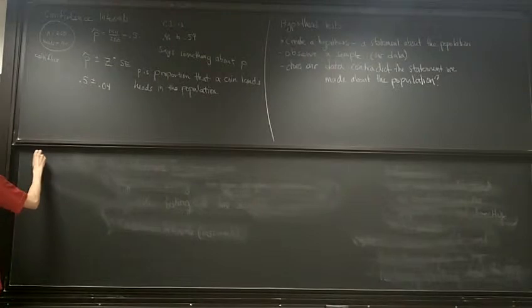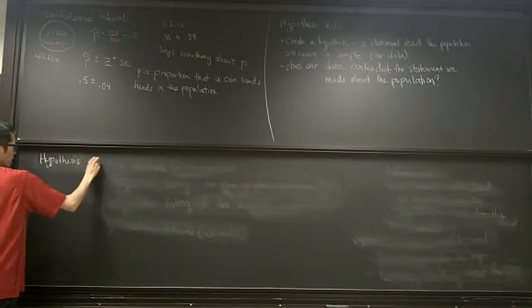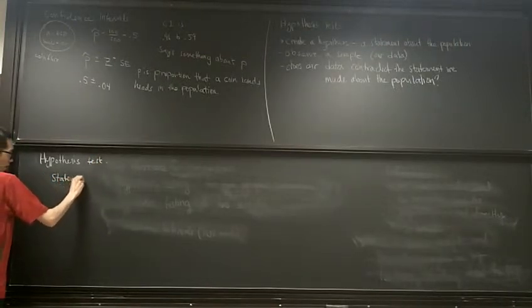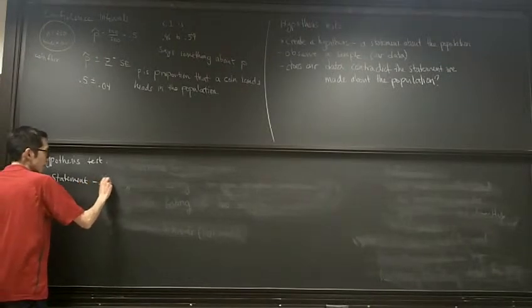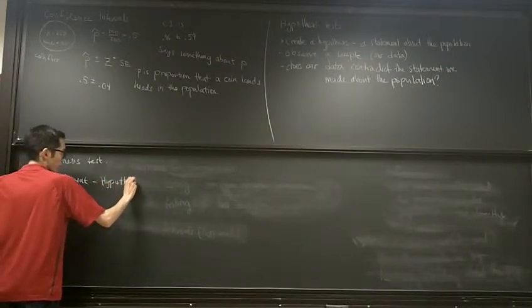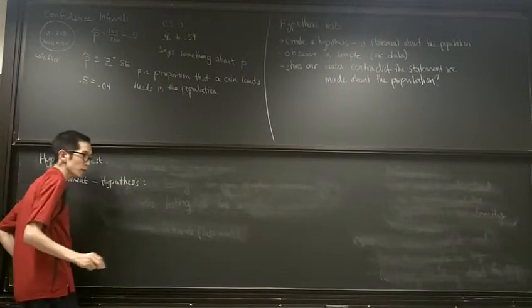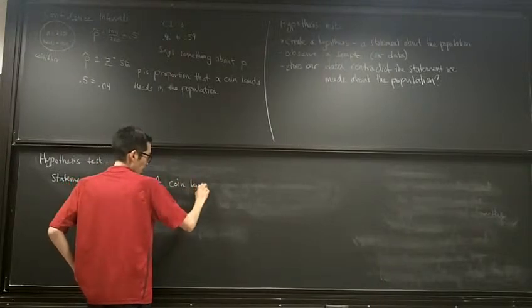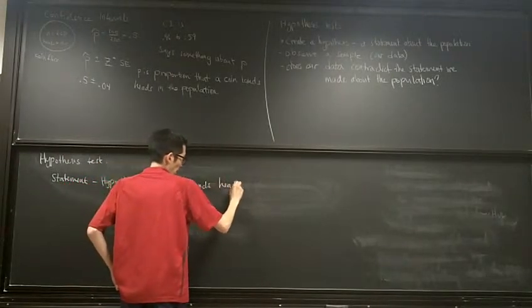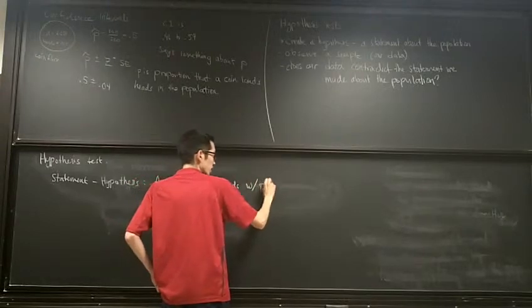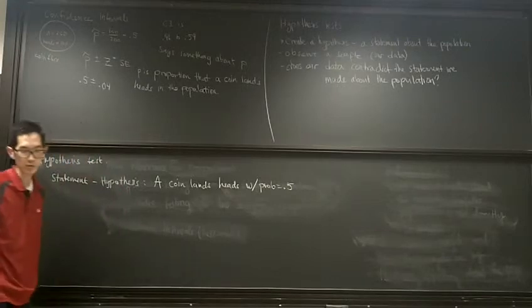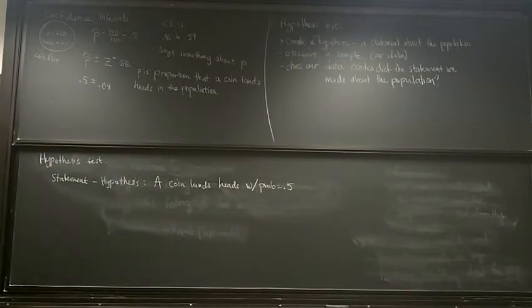So first someone makes a statement. In this case this is our hypothesis. And they say something like, a coin lands heads with probability equal to 0.5. That sounds reasonable enough.